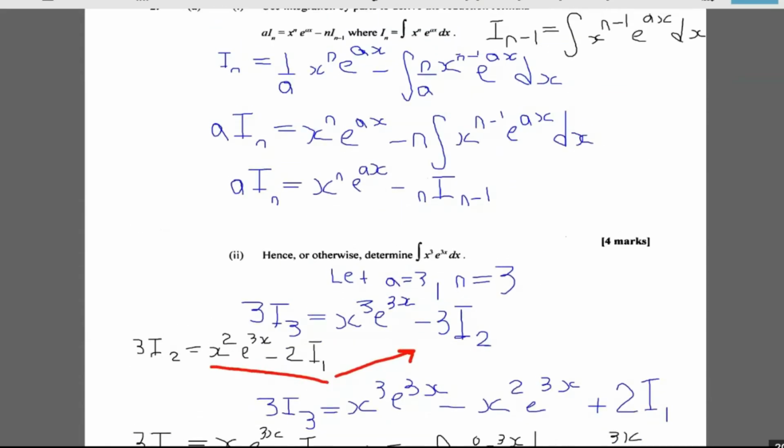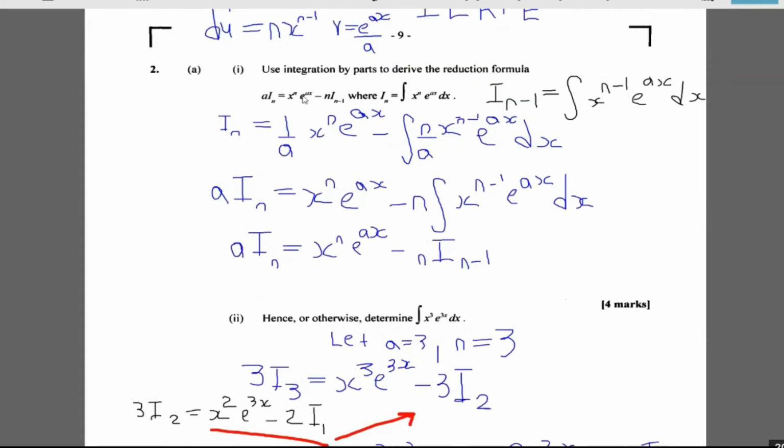Now, if you look at the reduction formula, you can go with the hence, and you know that a I_n is equal to x to the n e to the ax minus n times I_(n-1). In this case, I_n is the integral of x to the n e to the ax. If we replace n with 3, we get I3 is x to the 3, and in this case a is 3 and n is 3.